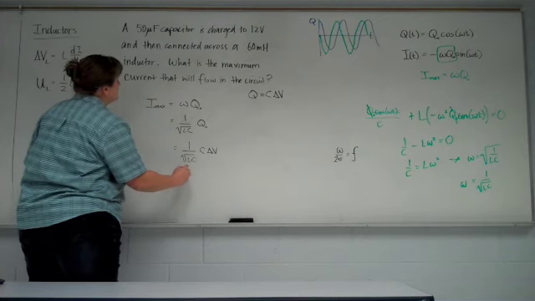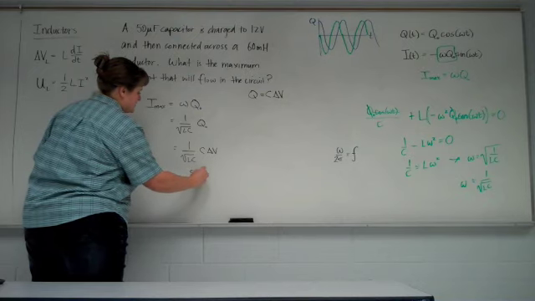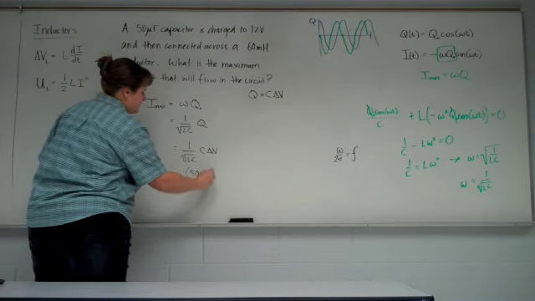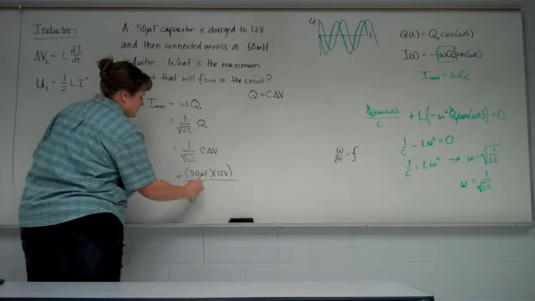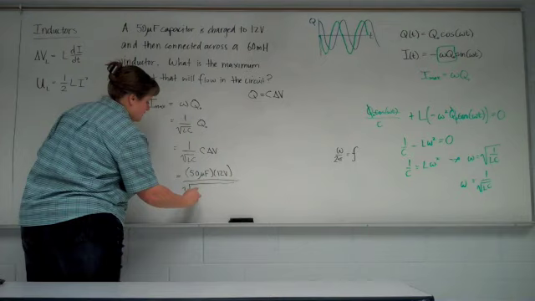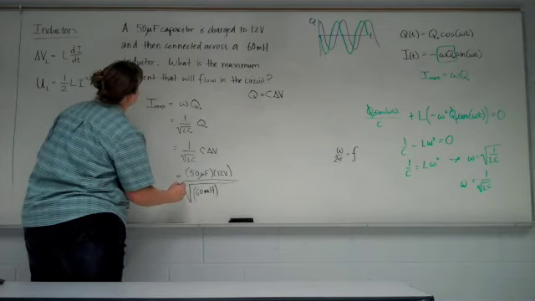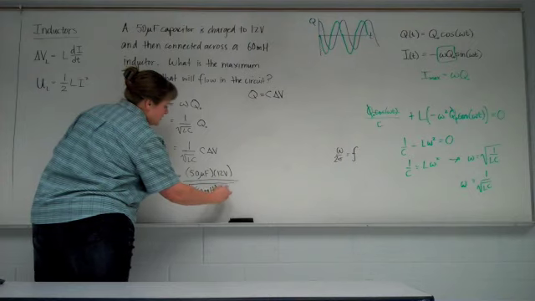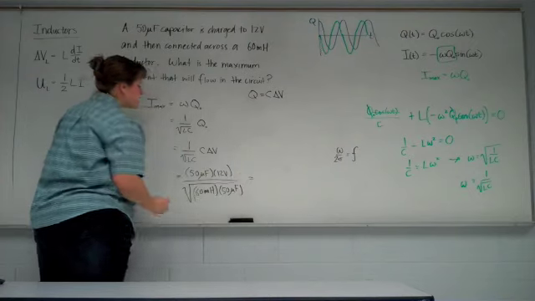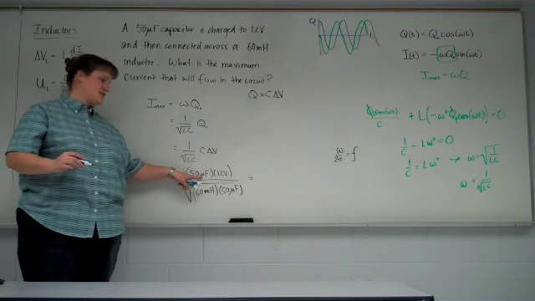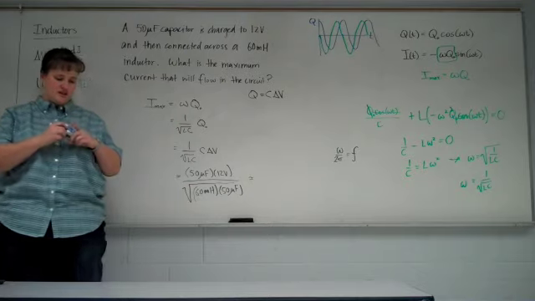So C, 50 microfarads, delta V is 12 volts, over the square root of L times C. When you make these calculations, you do need to put in 10 to the negative 6 for micro, 10 to the negative 3 for milli.